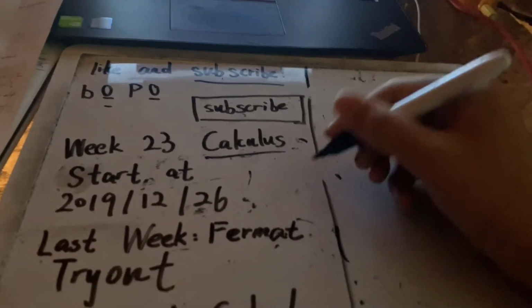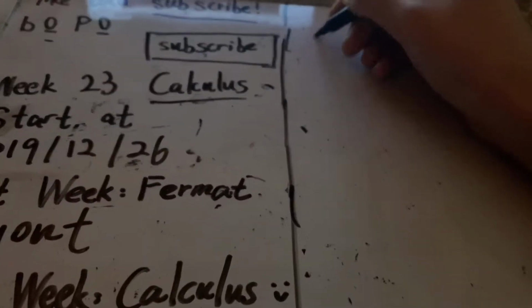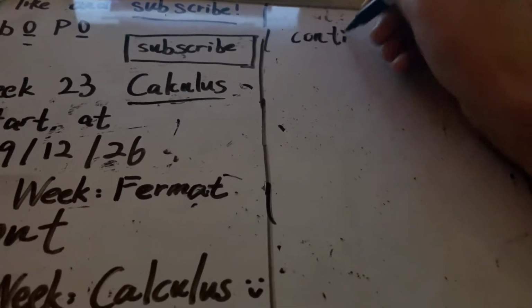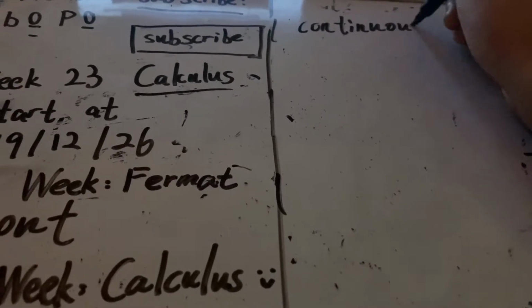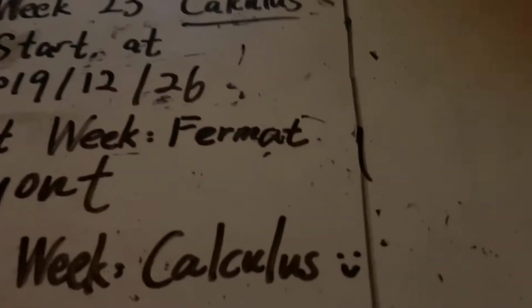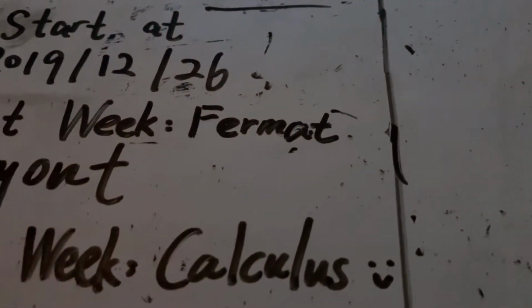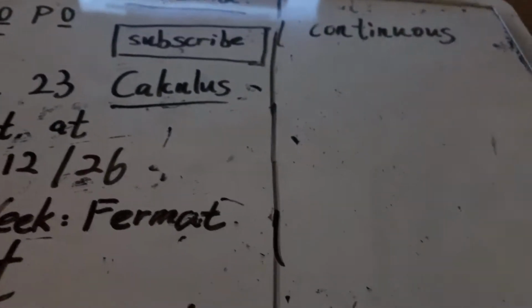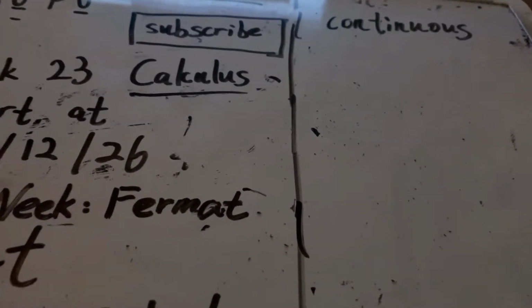Next, we are going to talk about an important definition: continuity. A function is continuous if every single real value of x has a limit.